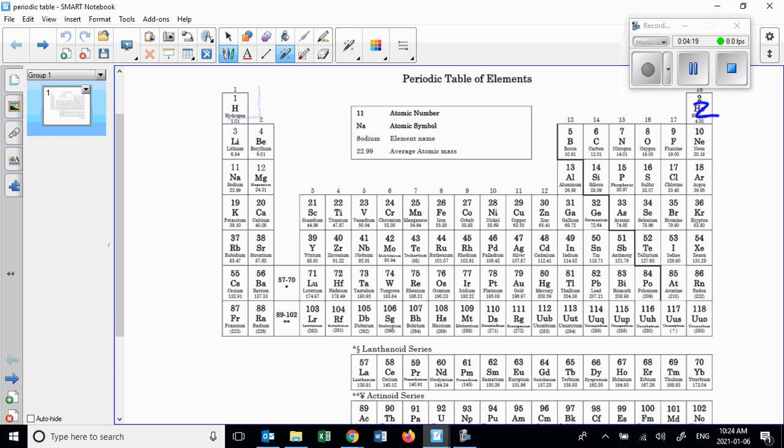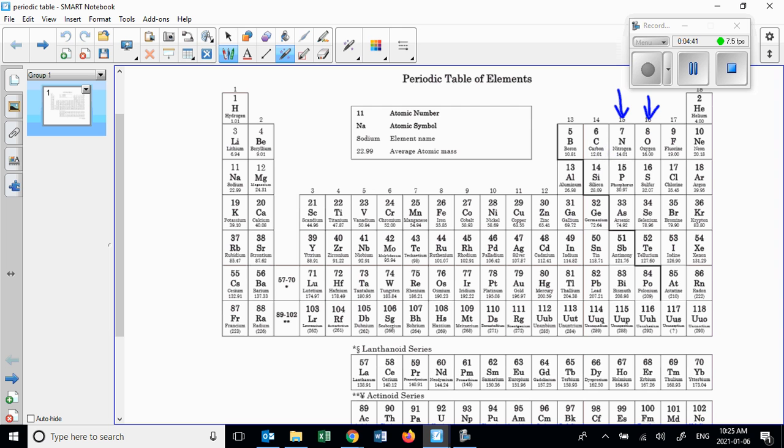After that, these are general principles. In the 13th column, there are 3 valence electrons. In the 14th column, we've got 4 valence electrons. In the 15th column, 5 valence electrons, like nitrogen we saw.